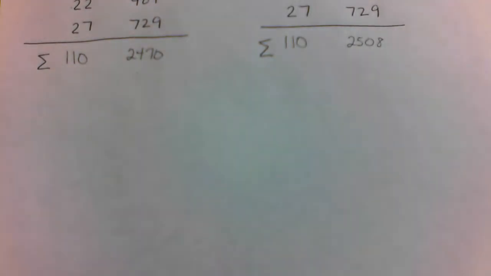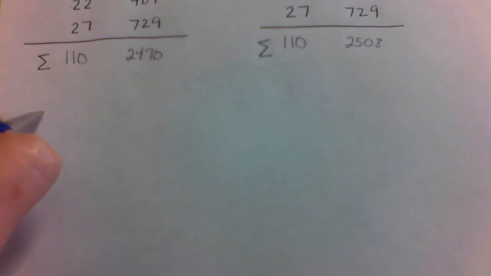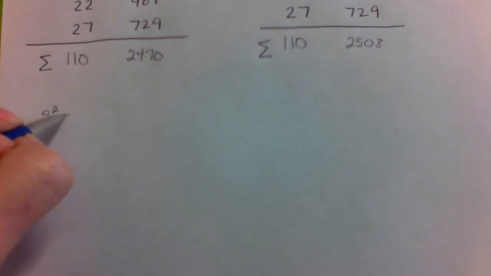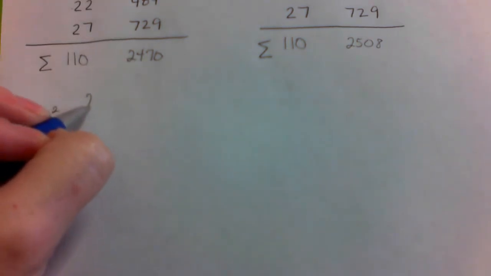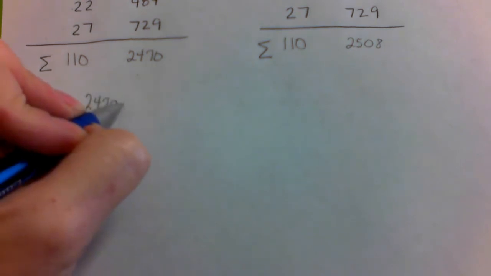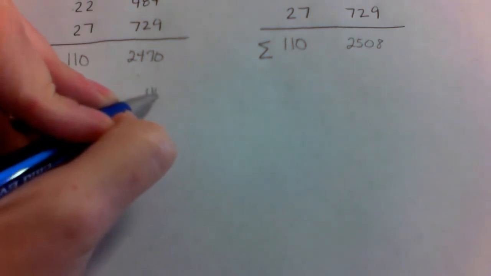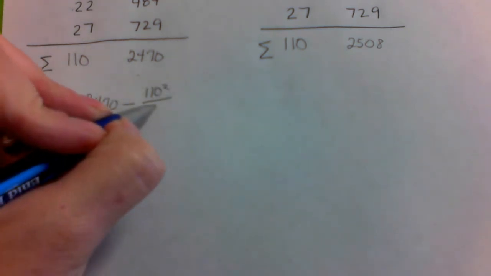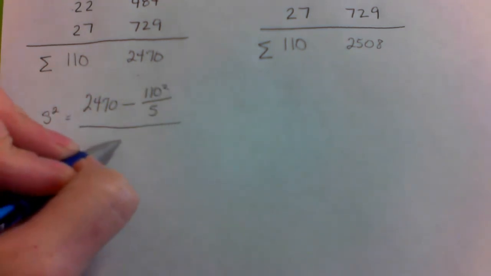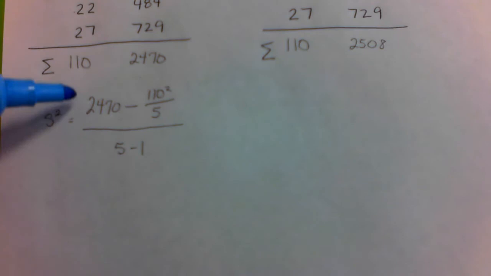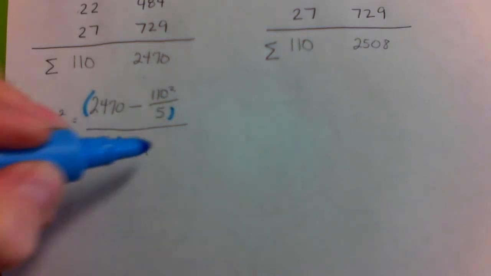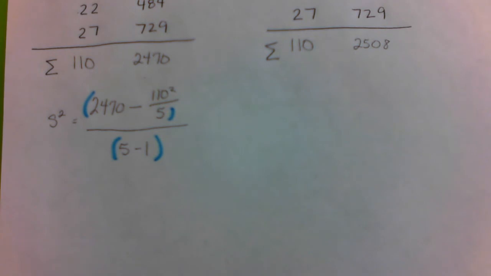So let's look at supplier 1, which is on the left, and we're going to calculate the sample variance, which is S squared, which is the summation of x squared, which is 2,470, minus the summation of x, 110 squared, divided by n, which is 5, all divided by n minus 1, or 5 minus 1. And again, when you do this on your calculator, be sure that you put the parentheses in the correct place and then hit equals only once.